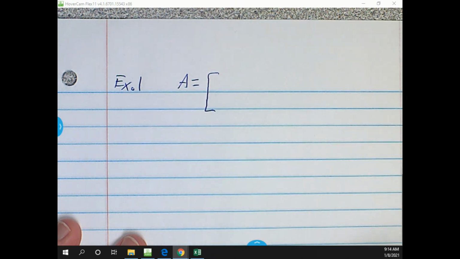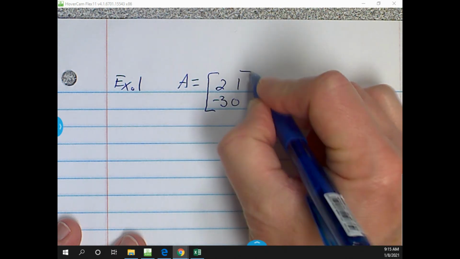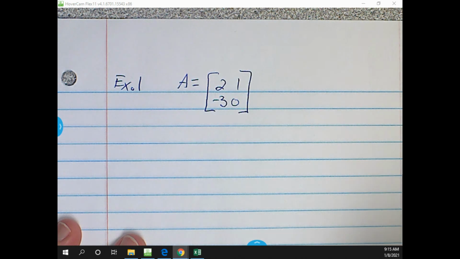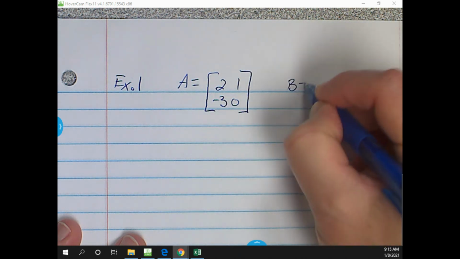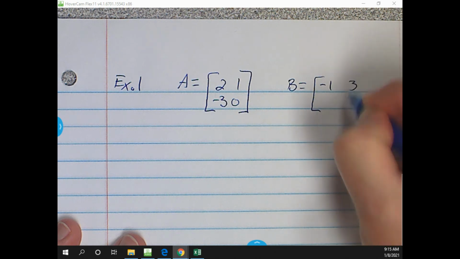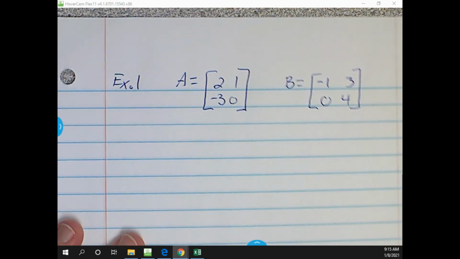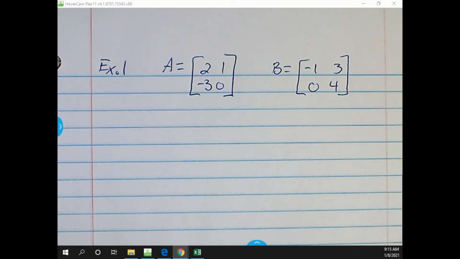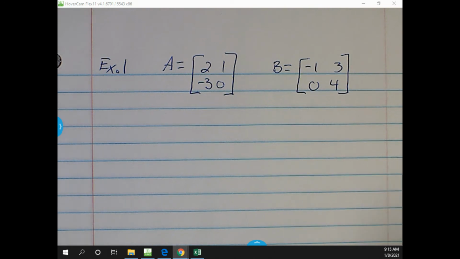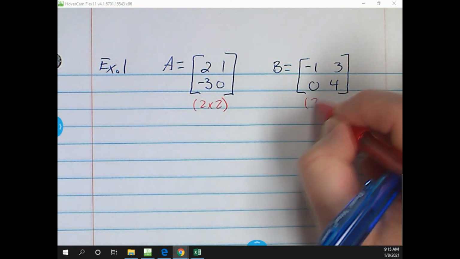So for this example, matrix A, we'll say it's 2, 1, negative 3, 0. And B is negative 1, 3, 0, 4. If they're square, it makes it really easy, because the size of this one is 2 by 2, and the size of this one is 2 by 2.